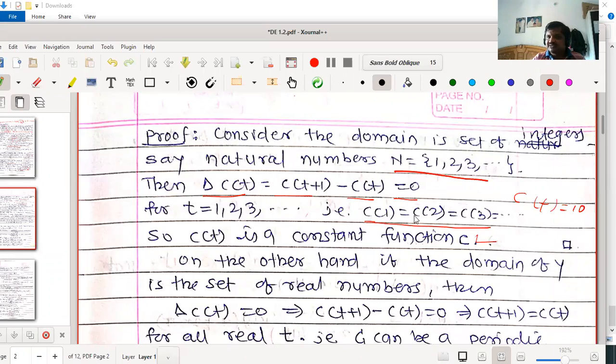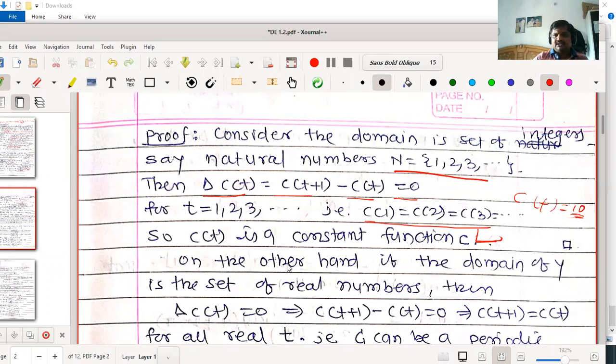And therefore this will satisfy. So this will satisfy only if C of t must be a constant number. That is C of t equal to something C. And therefore, if your t belongs to the set of natural numbers and delta ct equal to 0, then C of t must be constant.